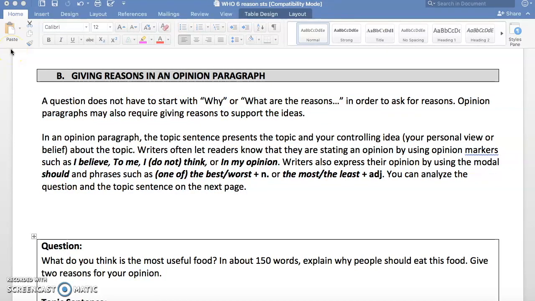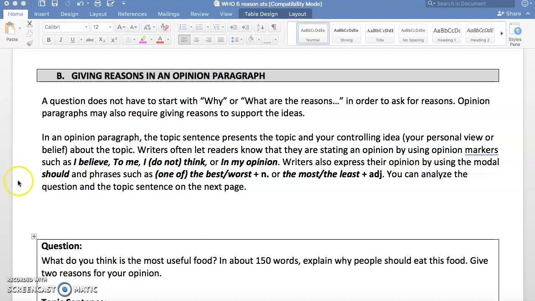When you're asked to write an opinion paragraph, the writing task may not start with a question word like why or what are the reasons, but still you may need to give reasons to support your ideas. What type of question are we talking about then?